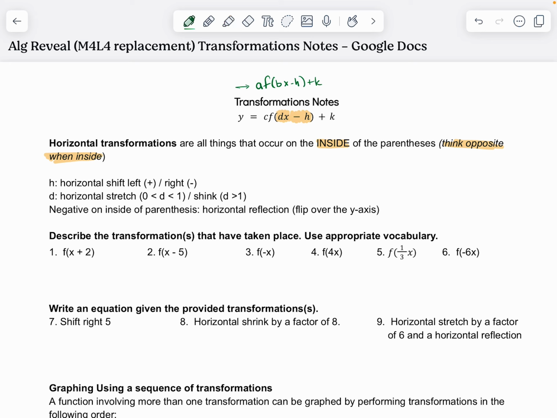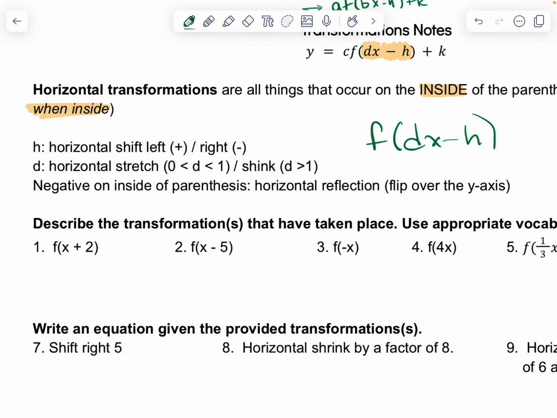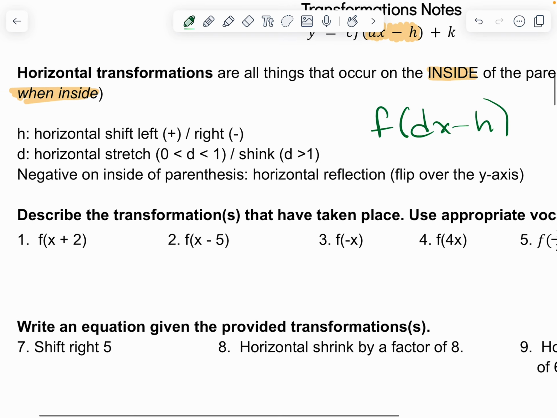So when I look at this, I'm just going to look at it as f of dx minus h. That's the only part I'm going to think of right now, because that's all the horizontal stuff. So h is telling you left or right.